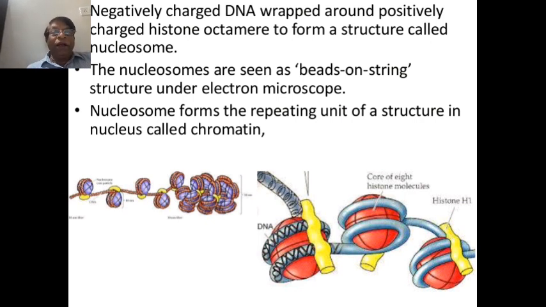DNA, I told you, is wrapped around the protein. Sometimes we call it the protein core. This DNA helix contains 200 base pairs. It's a very important, neat point.